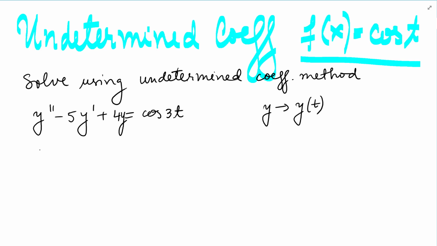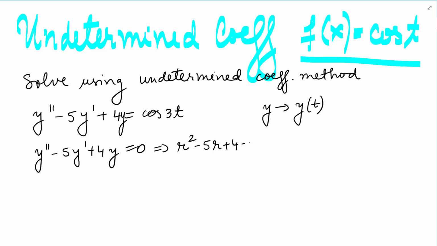Well, first of all, if we set y double prime minus 5y prime plus 4y equals 0, we are going to find the general solution, or the solution of the homogeneous equation. To do that, we write the characteristic equation, which is r squared minus 5r plus 4 equals 0.